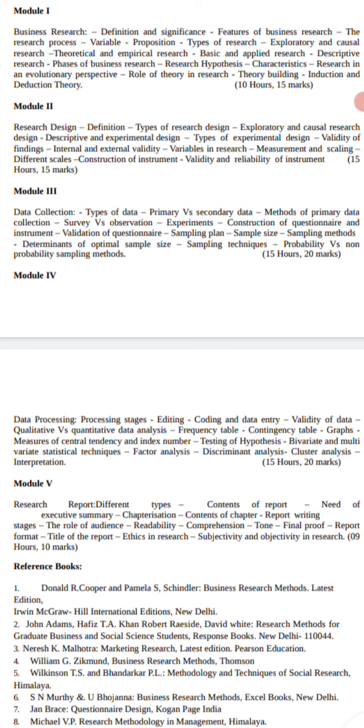So, these are the various data processing techniques that we have. So we are going to learn some of the data processing techniques available.